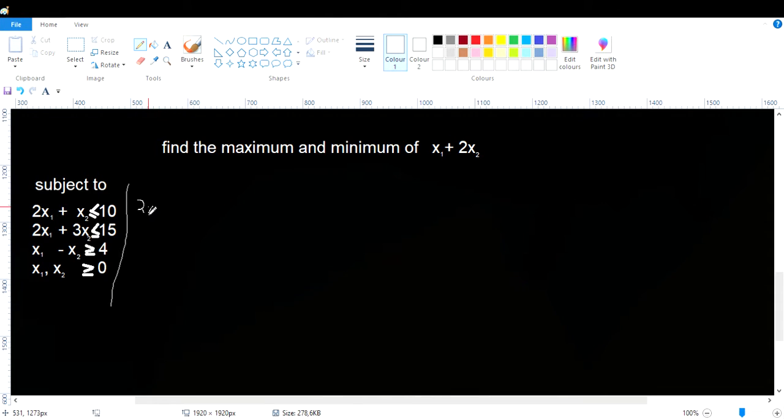So x sub 1 plus x sub 2 is equals to 10, and 2x sub 1 plus 3x sub 2 is equals to 15, and x sub 1 minus x sub 2 is equals to 4.